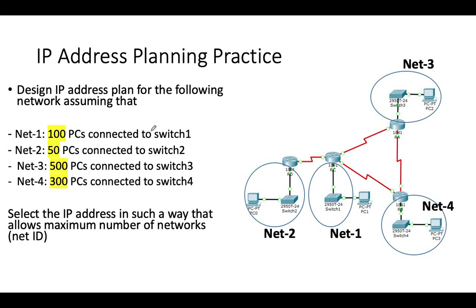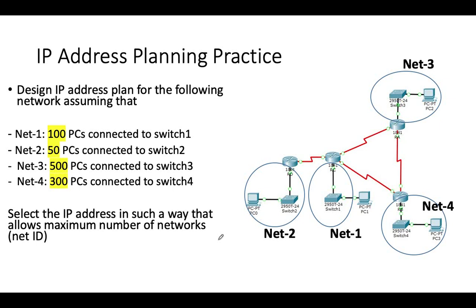I have here network number 1, 2, 3, 4, and as I told you, if I ask you right now how many networks in total we have here, we have 4 networks. However, how many actual networks are in this topology?